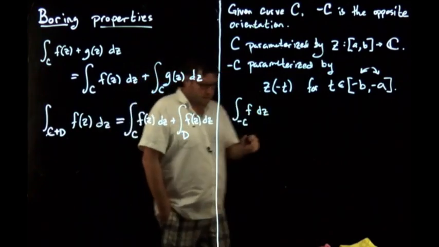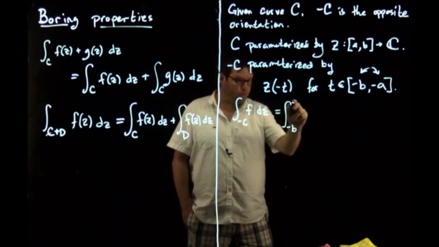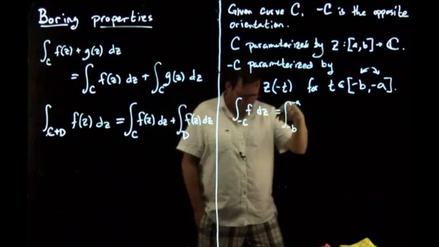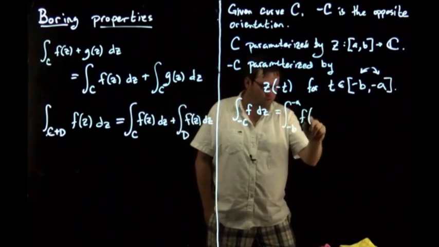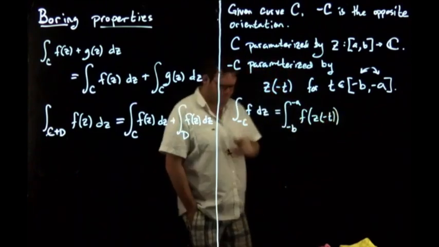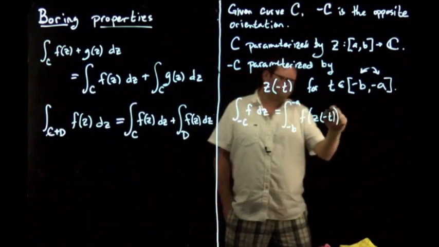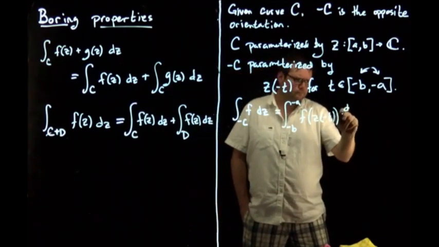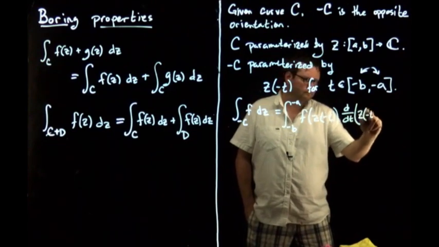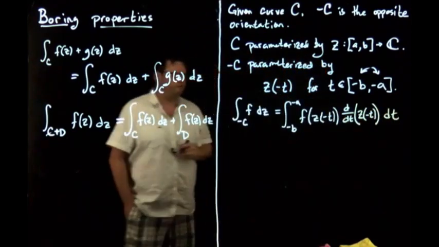Along minus C, we go from minus b to minus a. f of the curve, well, the curve is z of minus t, times the derivative of the curve. I'll just write it in as the derivative for this step.